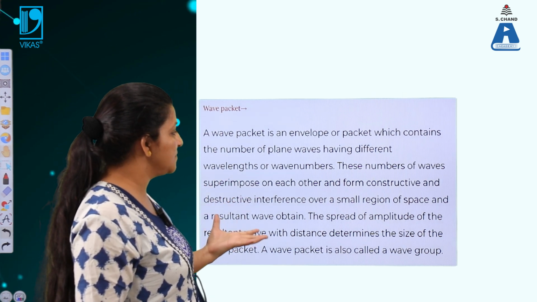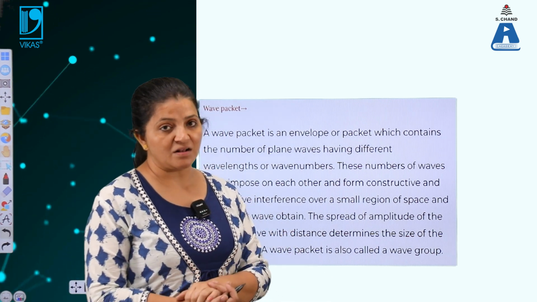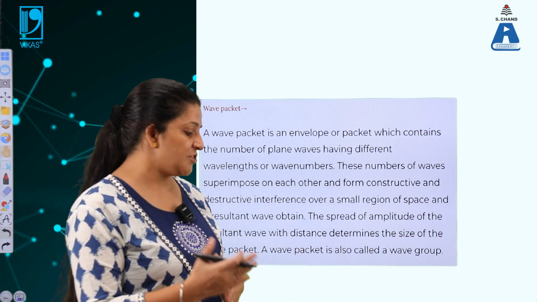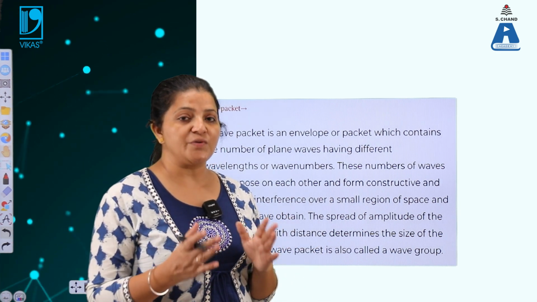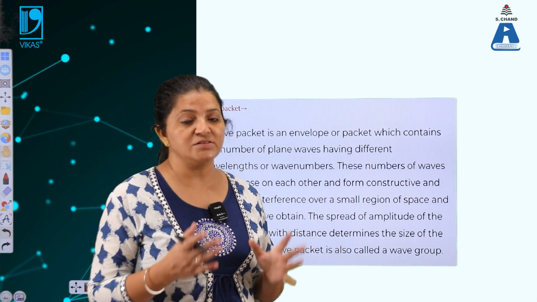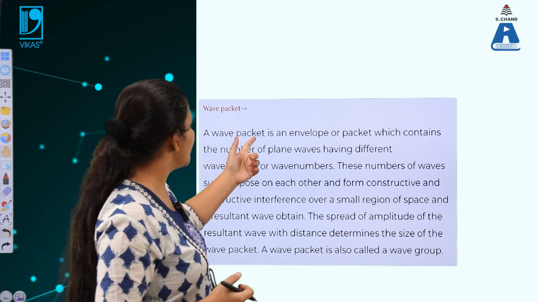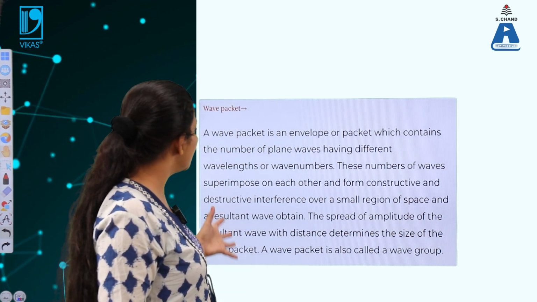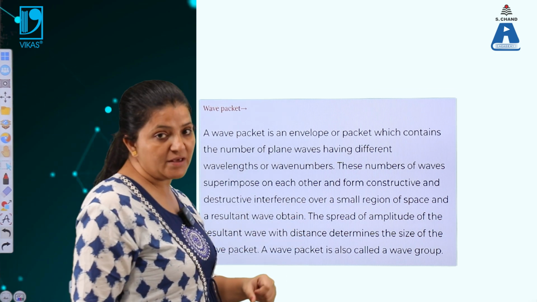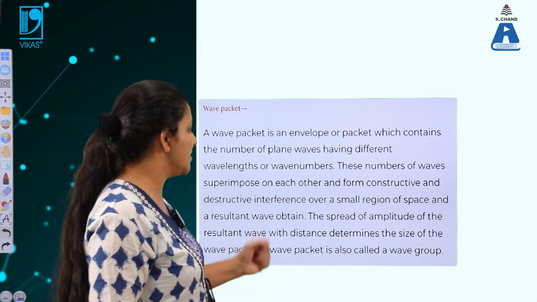We know that in the system a large number of particles are present. With each and every particle, waves are associated, and these waves are combiningly known as a bunch of waves or the wave packet. The wave packet is the envelope which contains a large number of plane waves having different wavelengths or wave numbers.